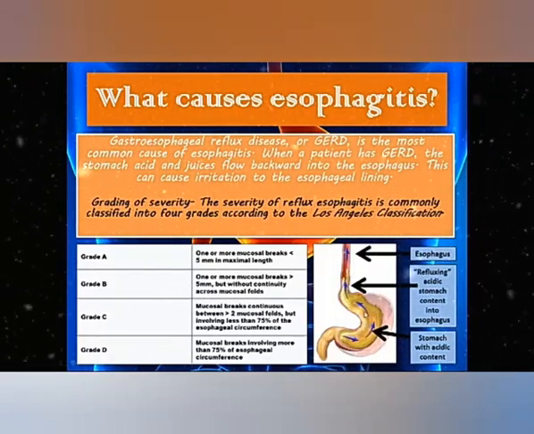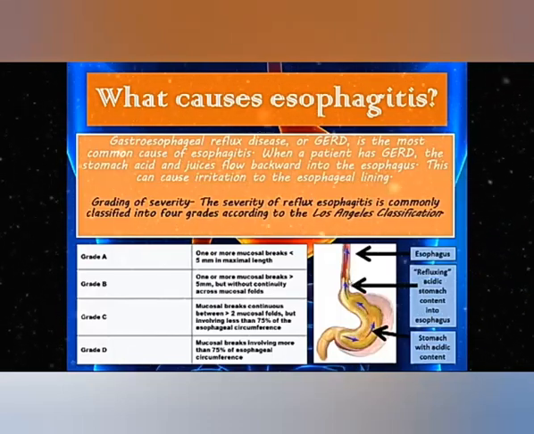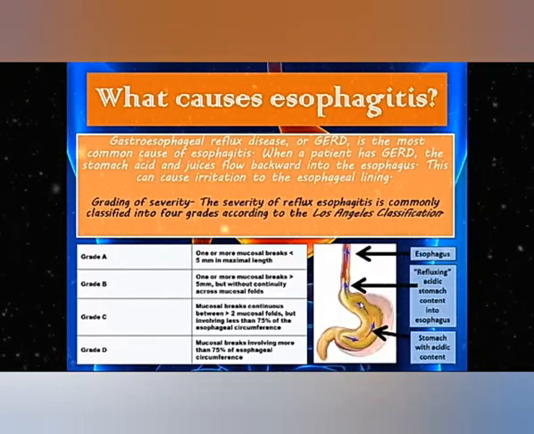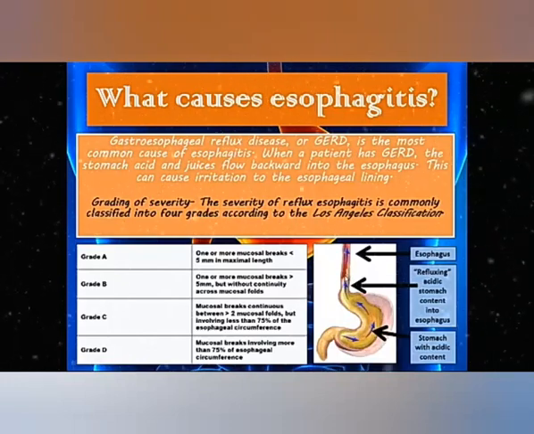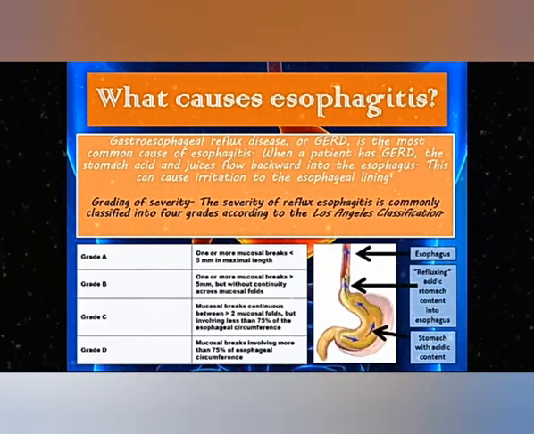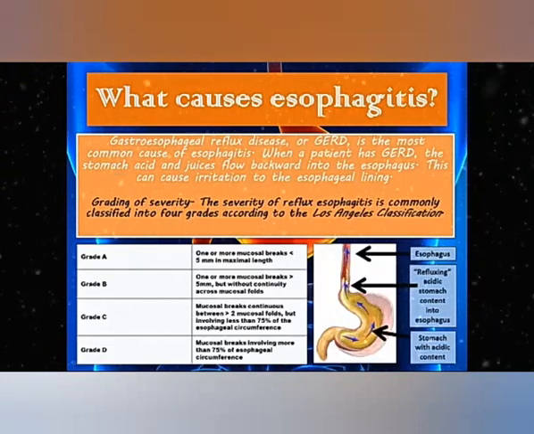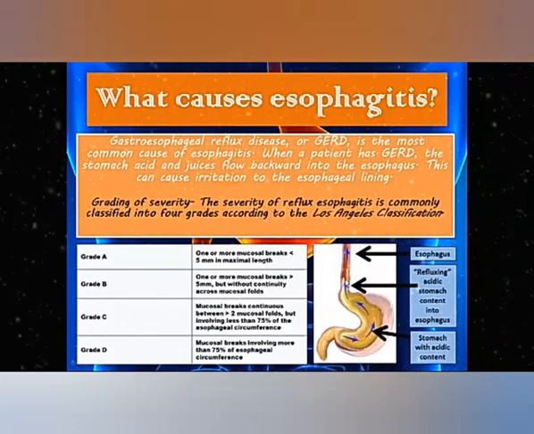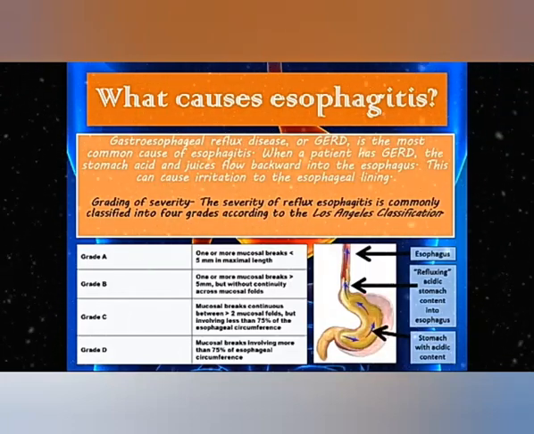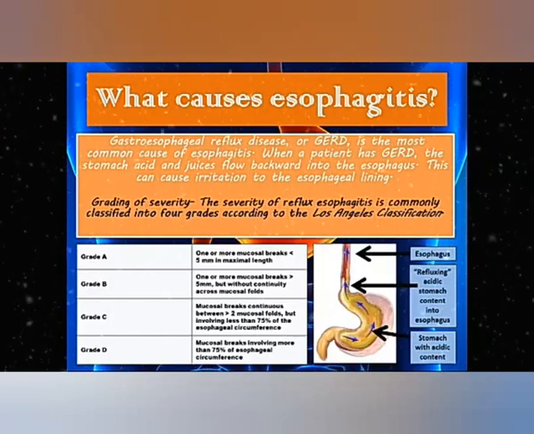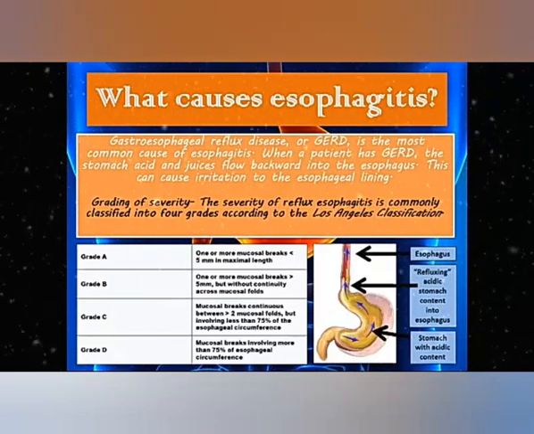The stomach is designed to handle that acidic environment, but the esophagus is not. That's something very important to keep in mind, and that is why esophagitis actually occurs, because the acid rushing up in gastroesophageal reflux disease, or GERD, causes inflammation and irritation to the lining of the esophagus.